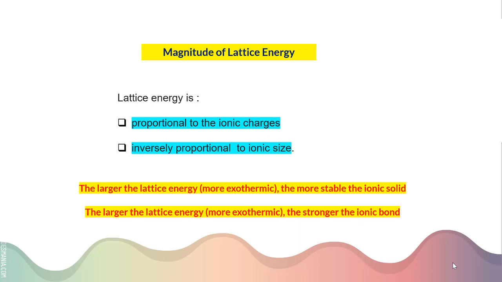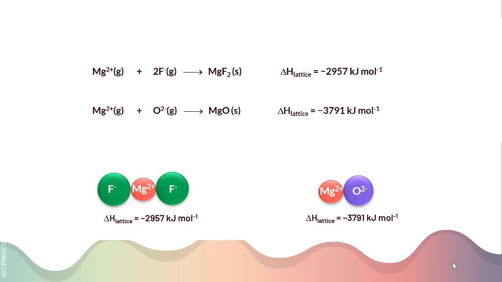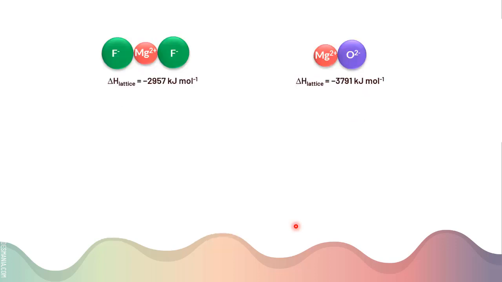Let's look at this example. As you can see, the lattice energy of magnesium oxide is more negative than the lattice energy of magnesium fluoride. Magnesium oxide is composed of magnesium ion and oxide ion, whereas magnesium fluoride is composed of magnesium ion and fluoride ions.